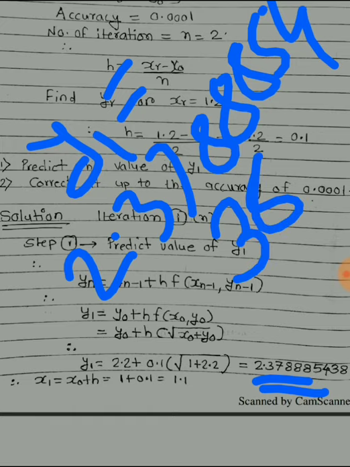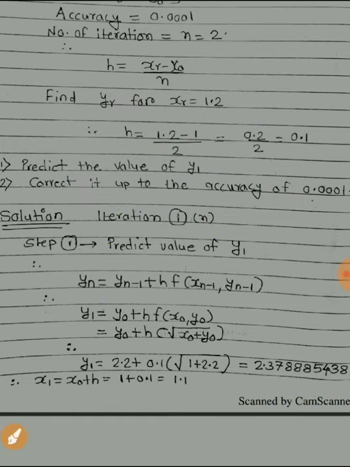This much is the value we'll get here for y1. The moment we got the value of y1, our work is to calculate the value of x1, because x1 and y1 are the values that we are going to use in further iterations.